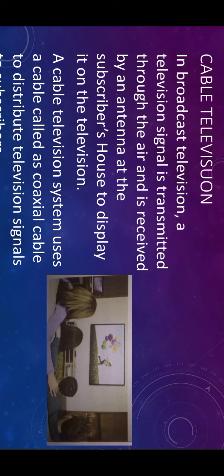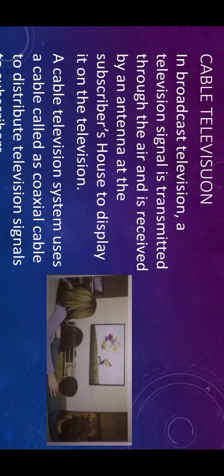Now let's talk about cable television. In broadcast television, a television signal is transmitted through the air and is received by an antenna at the subscriber's house to display it on the television. When you see your cable TV, children, have you ever wondered how you see the program on the TV? It is done with the help of broadcast television.